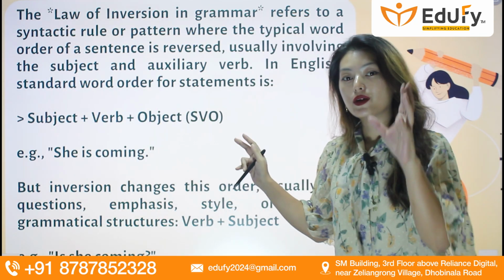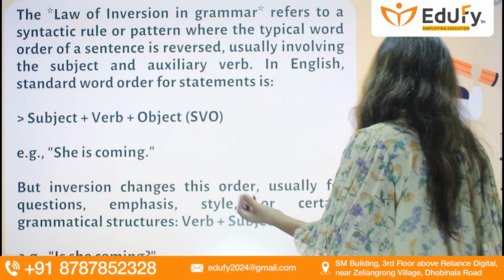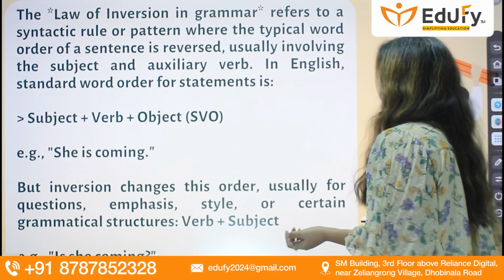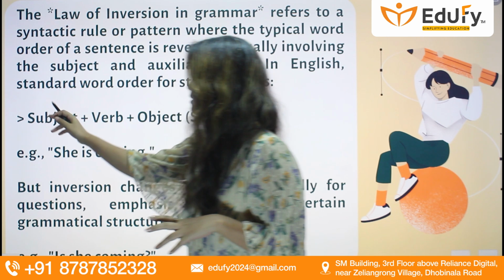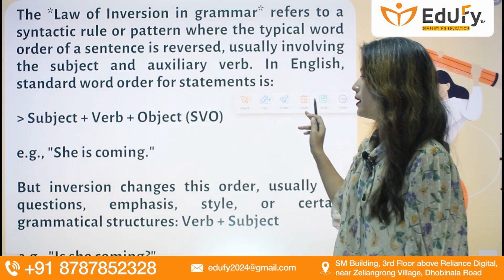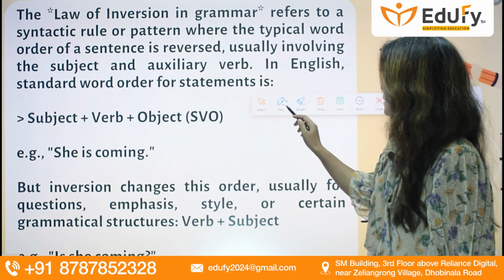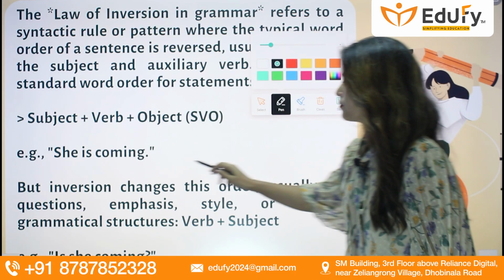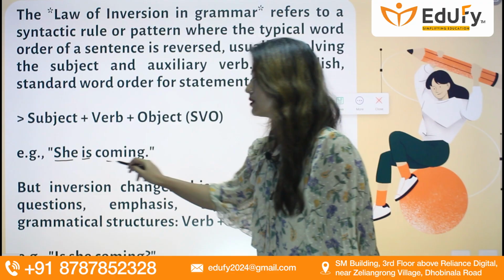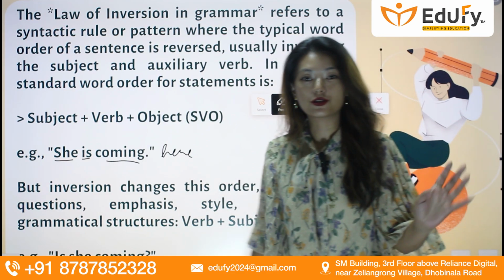When we look at a normal sentence, a basic statement, we see that there is a subject that comes at the beginning of the sentence, which is followed by a verb, and then an object. For example, if you look at this sentence here, we see she is coming. You can write here or there also according to your choice, right?